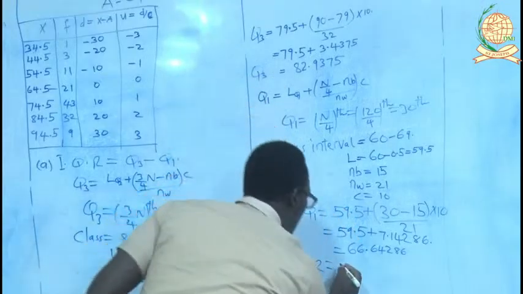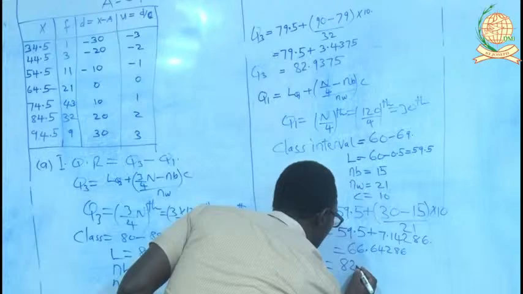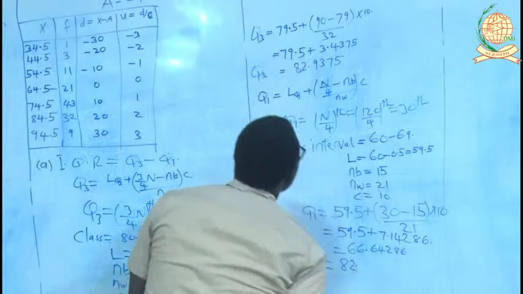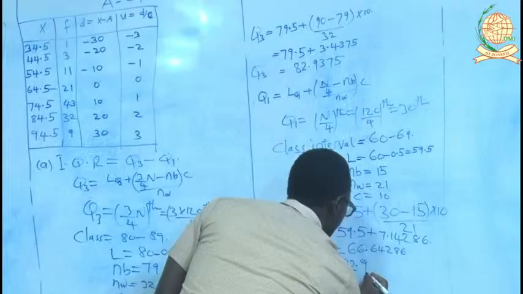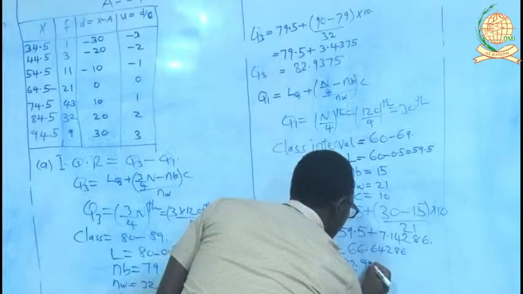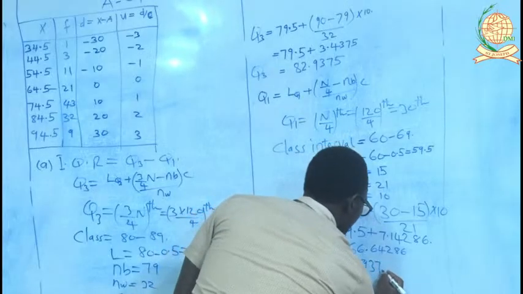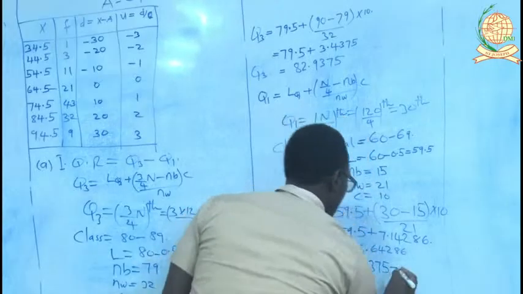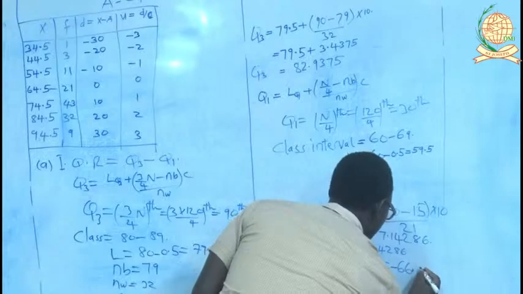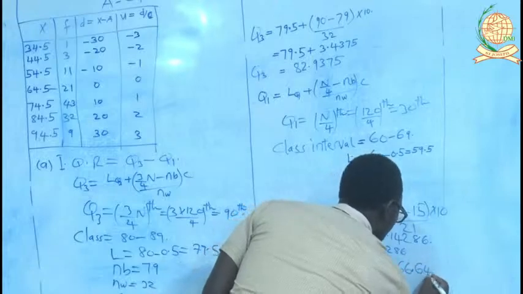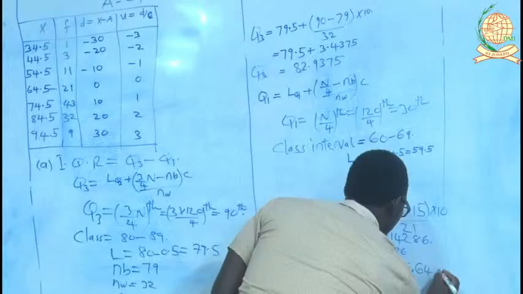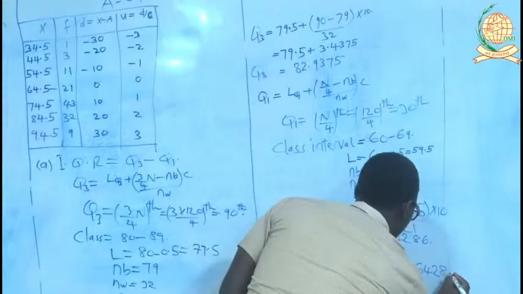Then you take Q3, 82.9375, minus 66.64286. Now calculate.